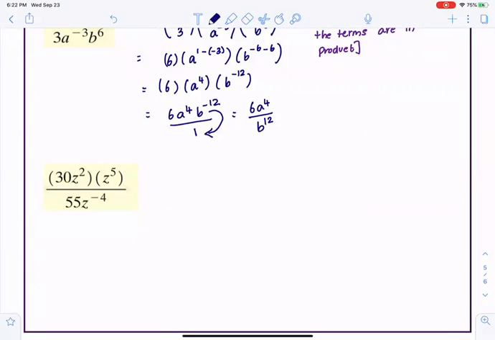So here we have 30, I pronounce it as z, so z squared times z raised 5 divided by 55, z raised negative 4, z, same thing.